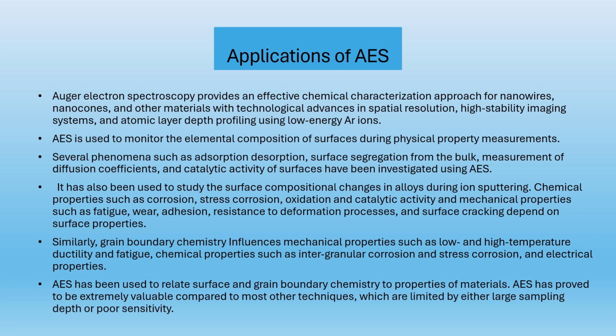AES can also be used to relate surface and grain boundary chemistry to the property of the material. Hence, AES has proved extremely valuable compared to other techniques, as it gives the elemental composition at a very minute level, like we can go to a depth of up to 100 angstrom.